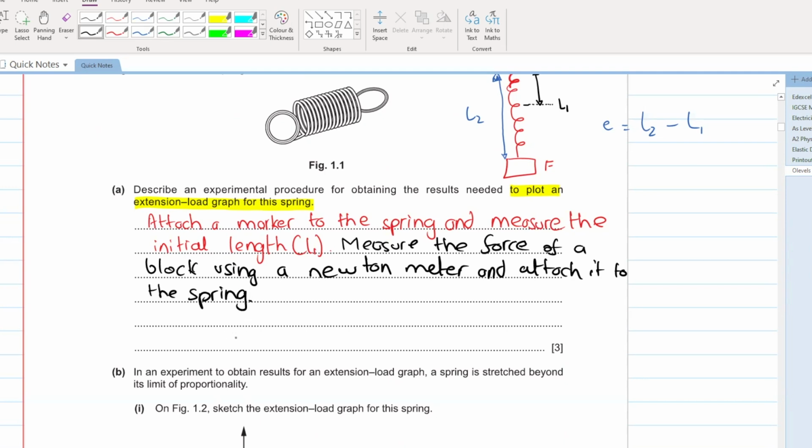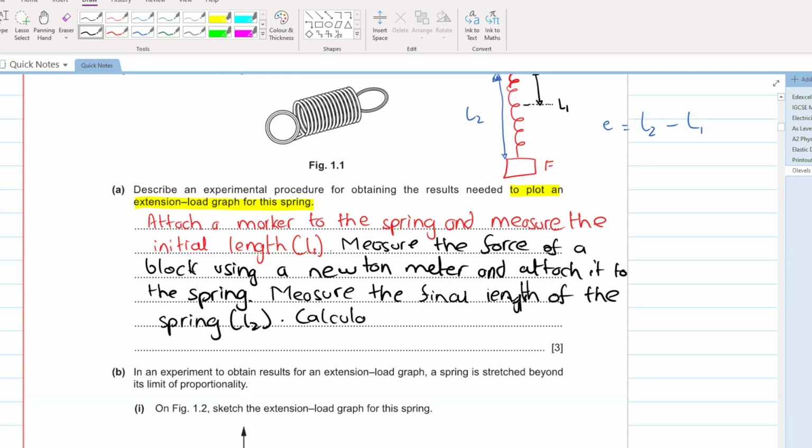Now, last step, measure the final length of the spring. Let's label this L2, and calculate extension using L2 minus L1.